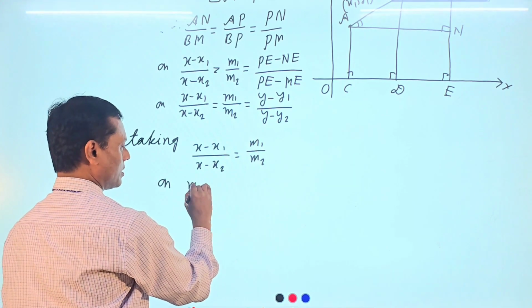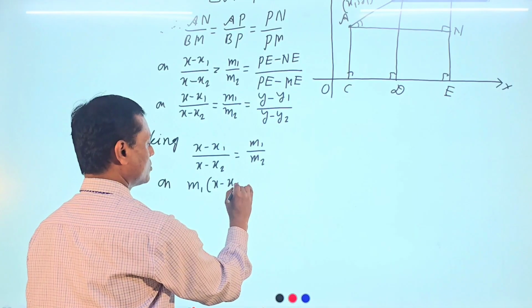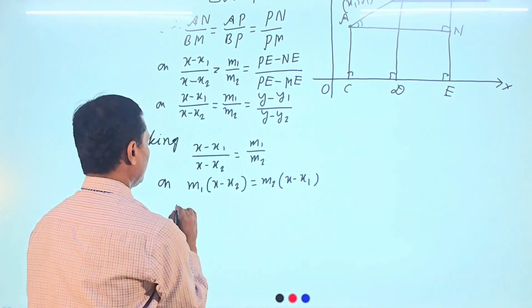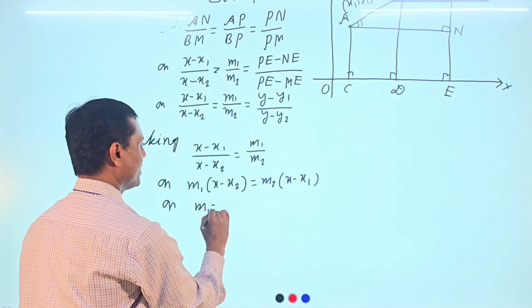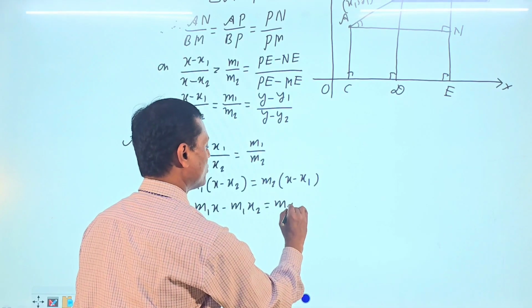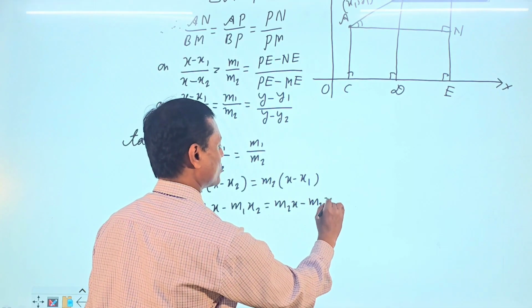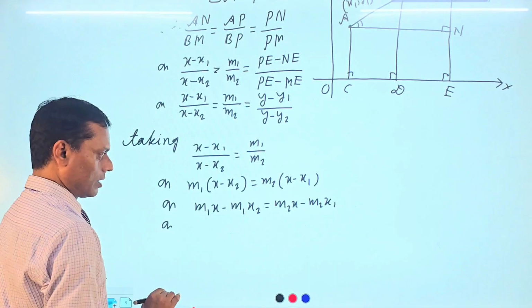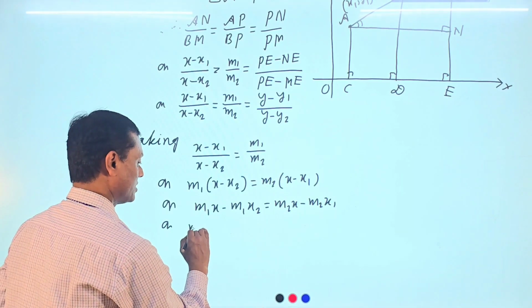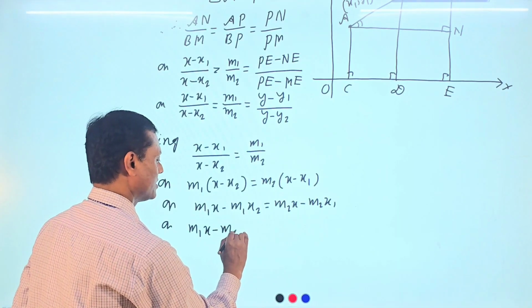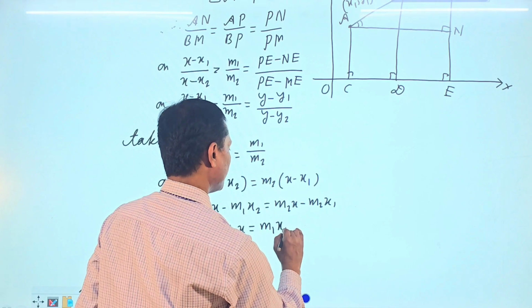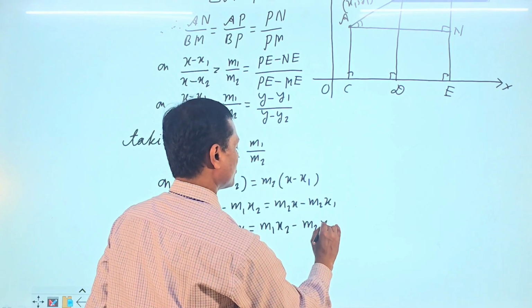Right here, m1 times x minus x2, m2 times x minus x1, so that becomes m1x minus m1x2 equals to m2x minus m2x1. So what we are going to do, this m2x is taken to the left hand side, that is m1x minus m2x equals to, this goes to the right hand side, that is m1x2 minus m2x1.